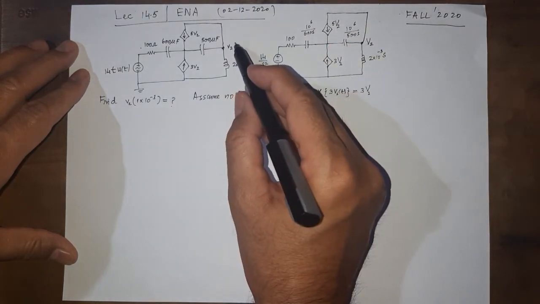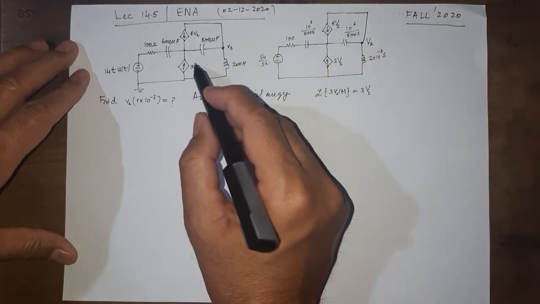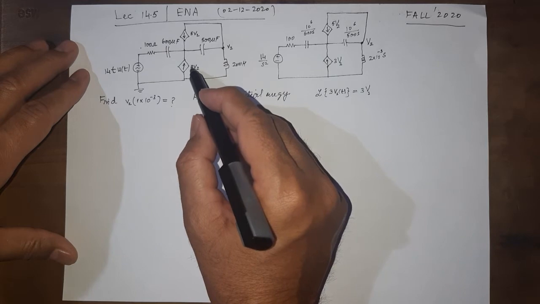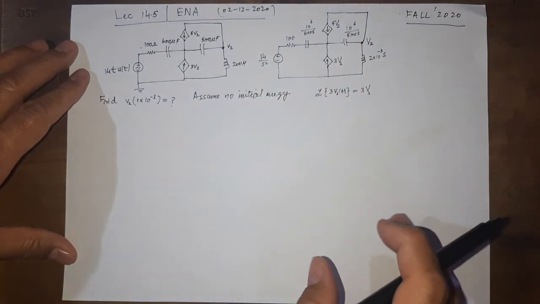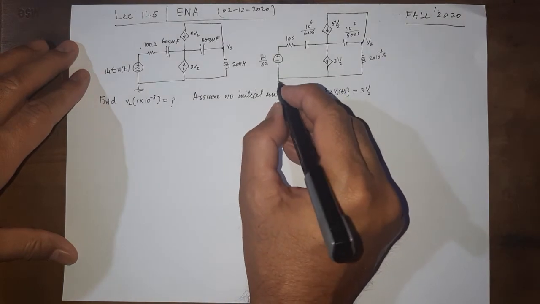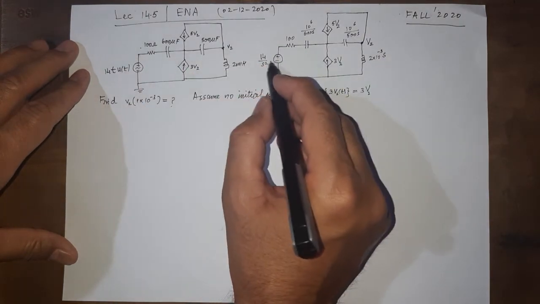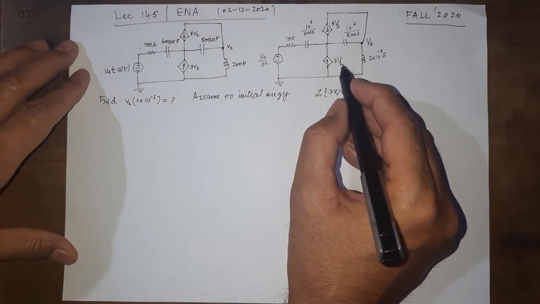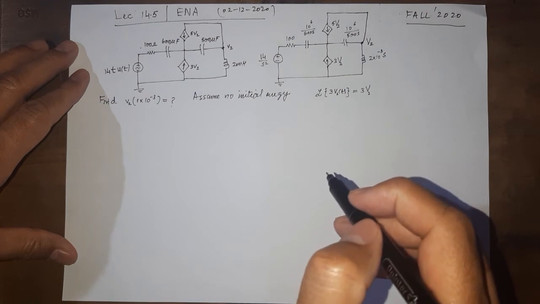V2(t) is a function of time. Its Laplace transform is V2, and 3 V2 would have the Laplace transform 3 capital V2, and 5 capital V2. That's simple. Don't commit the mistake of thinking all sources are going to have u(t) with them and therefore will have 3 V2 over s and 5 V2 over s. That's wrong. So you do it this way.